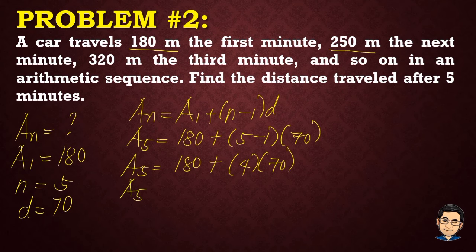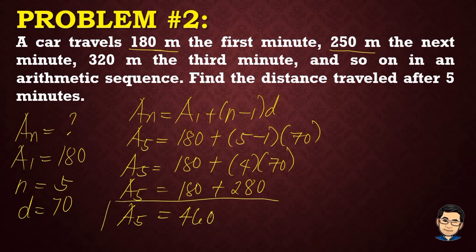And then a sub 5 is equal to 180 plus, so the product of 4 and 70 is 280. So a sub 5 is equal to the sum of 180 and 280, that is 460. So lagyan po natin siya ng units. So meters. Ibig sabihin, the distance traveled of the car after 5 minutes is 460 meters.